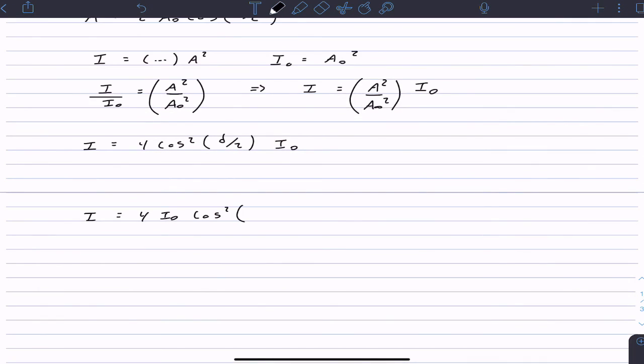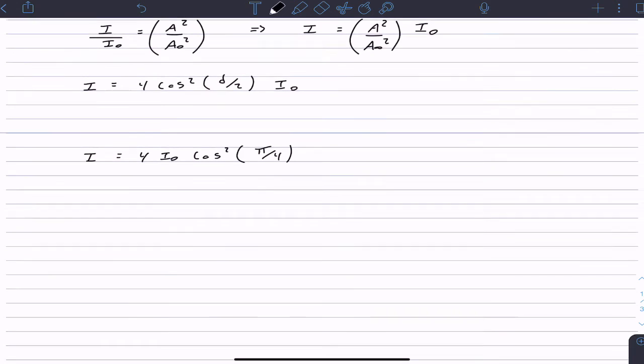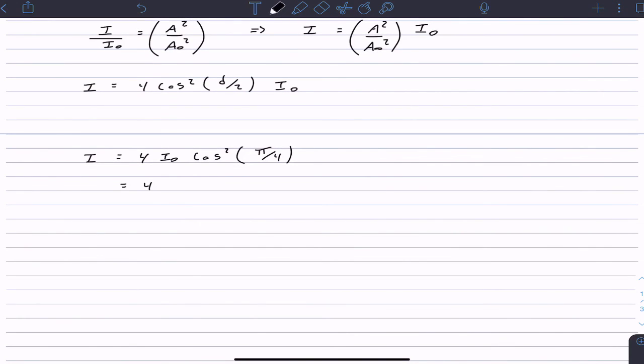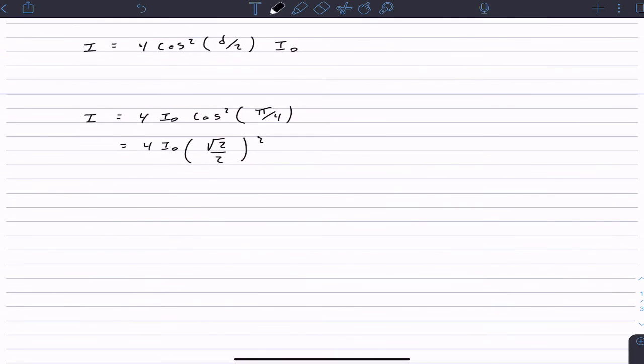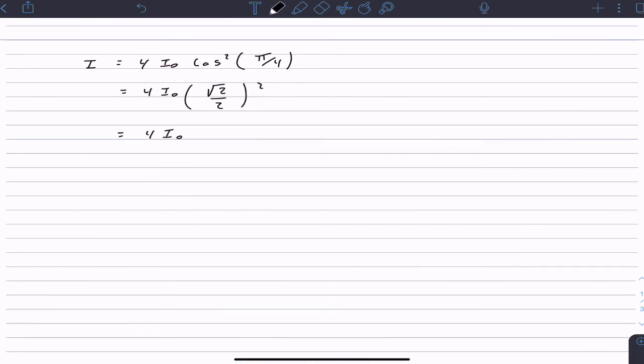So now if delta is pi over 2, pi over 2 times 1/2 gives us pi over 4, which means that we're going to have 4 times I naught times square root of 2 over 2 squared. This leaves us with 4 I naught, and then we end up with 2 over 4, so our final intensity is 2 times I naught.